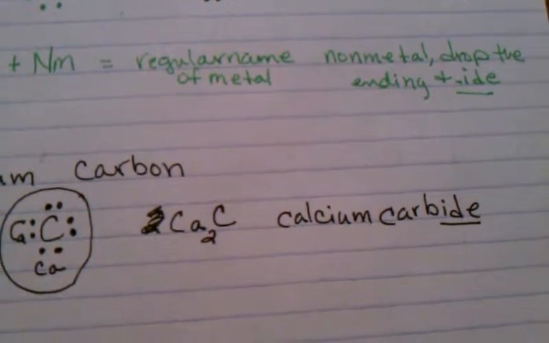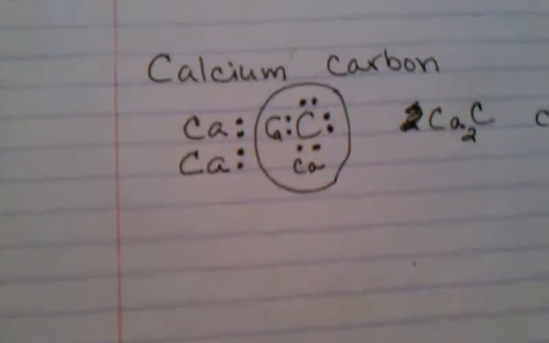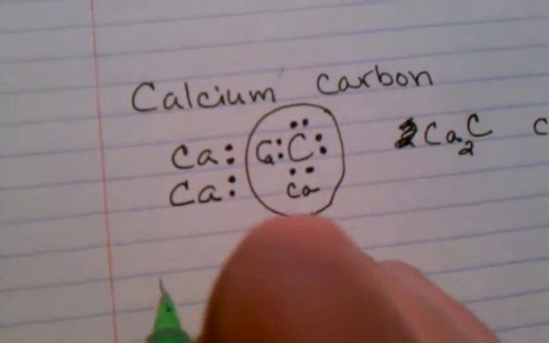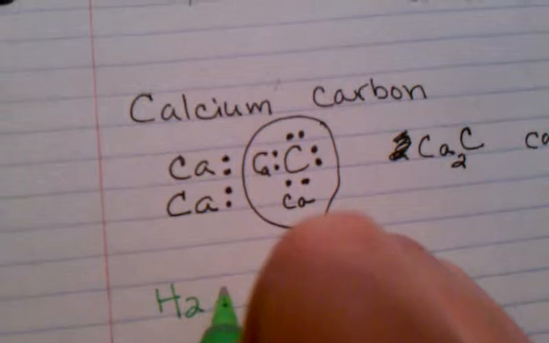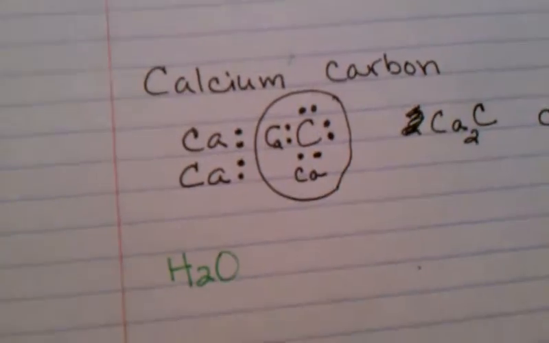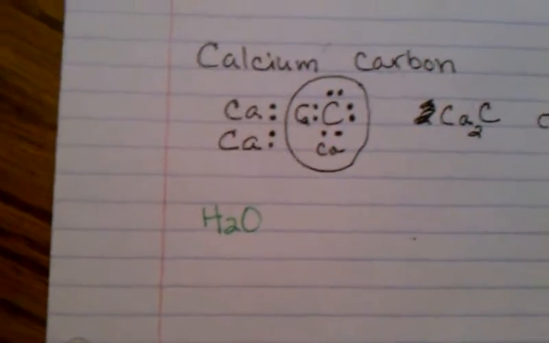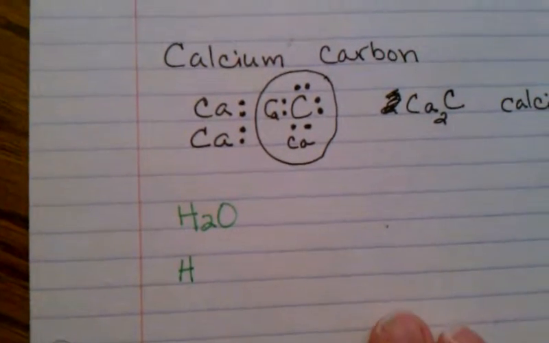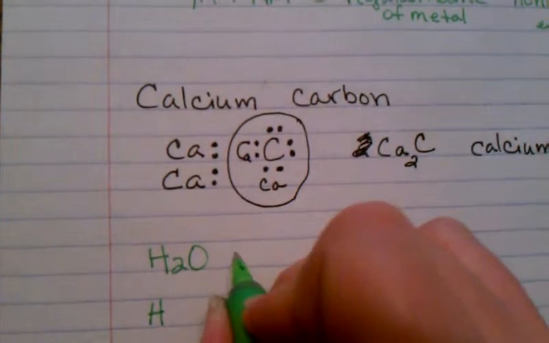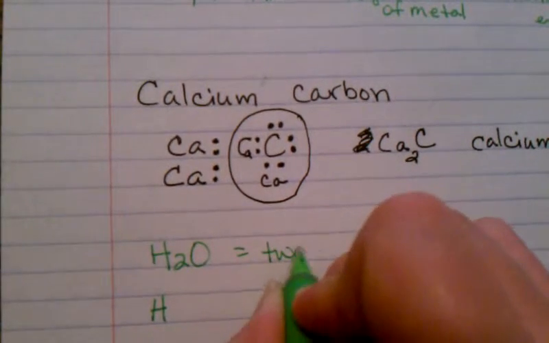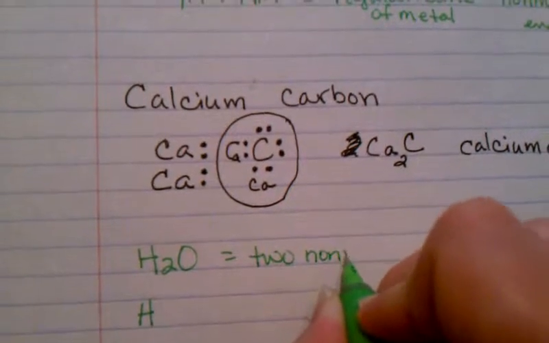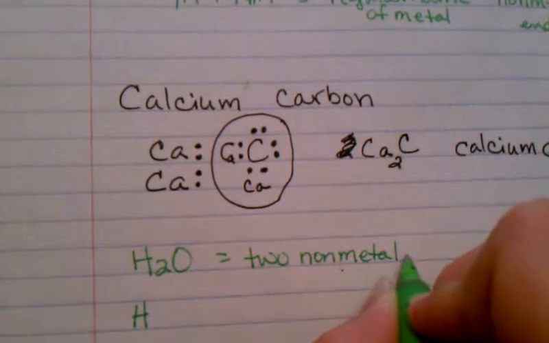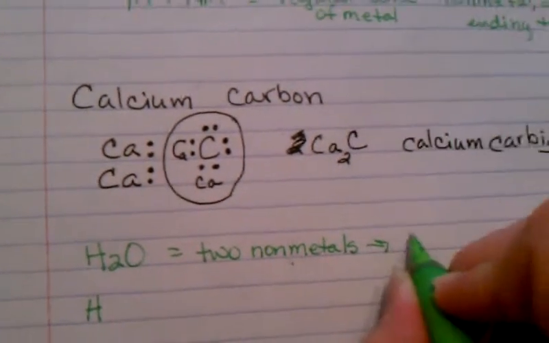Now, if we're looking at 2 nonmetals, like water, let's start with our valence electrons. Now, remember, in order to do anything with 2 nonmetals, I first have to look to see if they're diatomic.